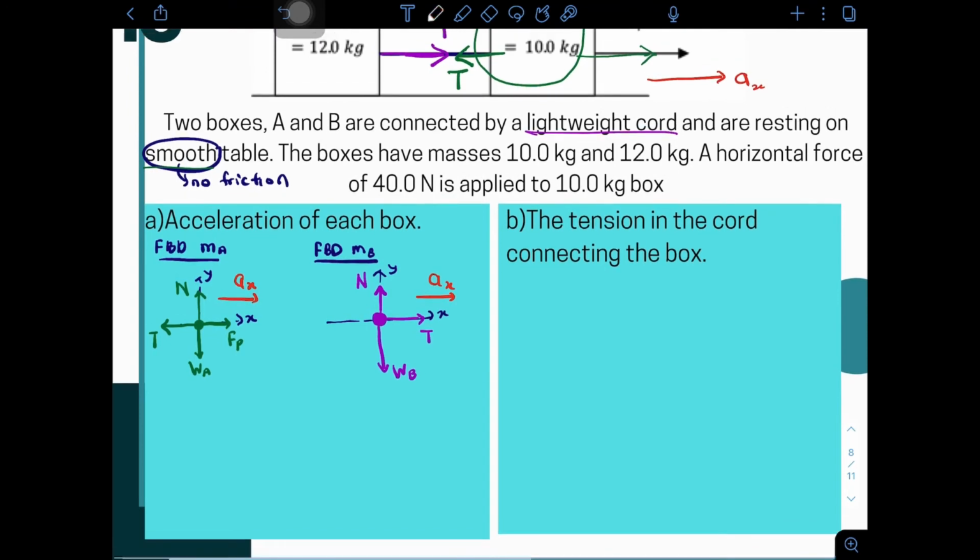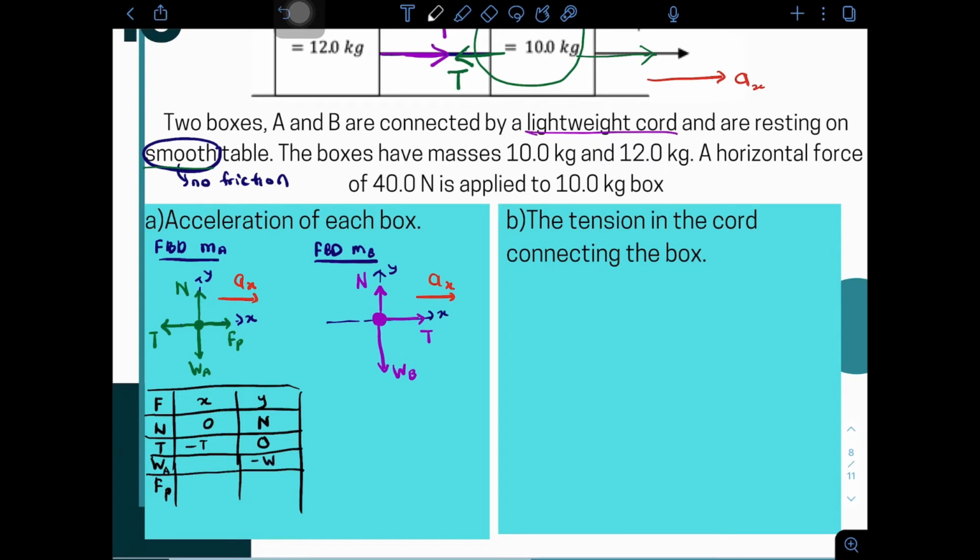So let's do the table for mass A first. We have forces, X component and Y component. We have normal, tension, weight A and FP. List them out first. Normal is on positive Y, 0 on the x-axis. Tension to the left, so negative T, 0 on Y. Weight on Y, so negative WA, 0 on x.